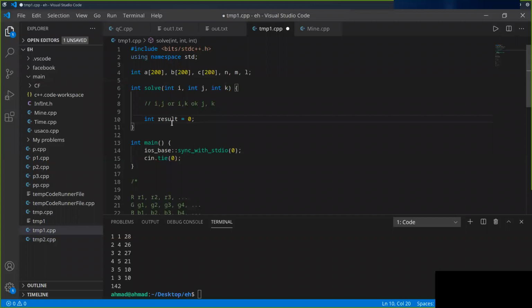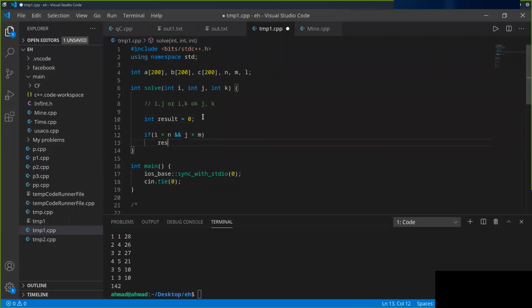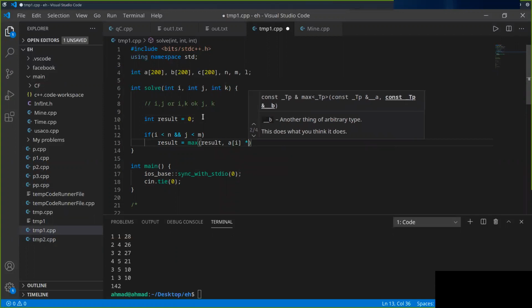To take the value of this pair I and j, first let's see if I is less than n and j is smaller than m, then result will be equal to max of result and a of I multiplied by b of j.